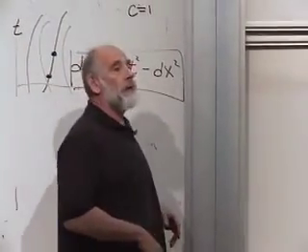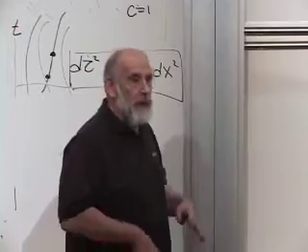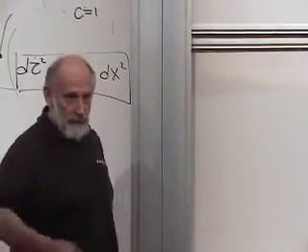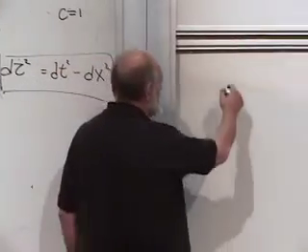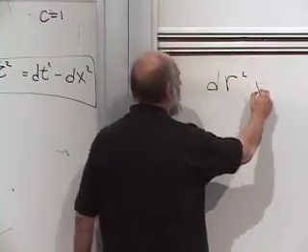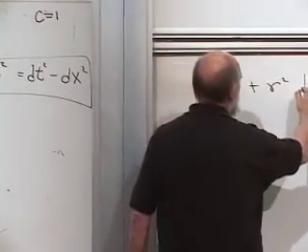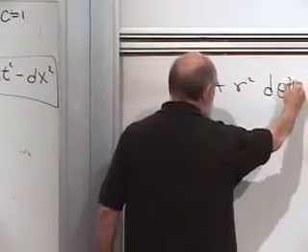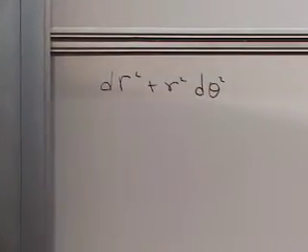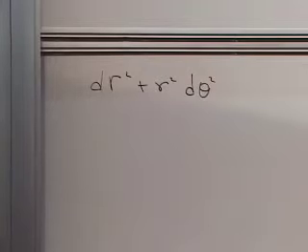Let's just think about 2 dimensions of space, and let me imagine one of the directions is an angular direction. We've already done things like that. We considered dr squared plus r squared d theta squared. That's somewhat similar to this.